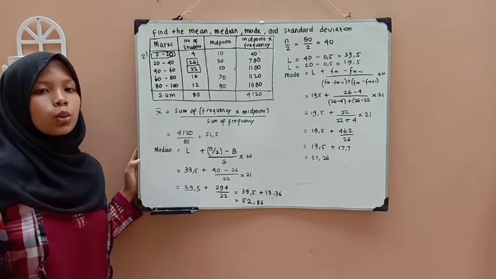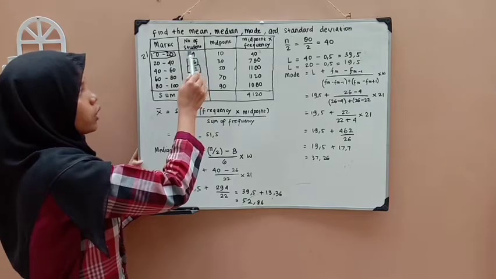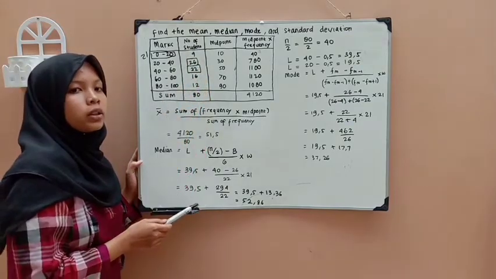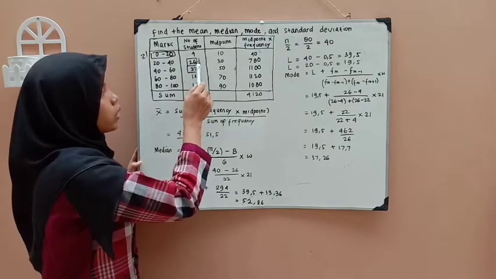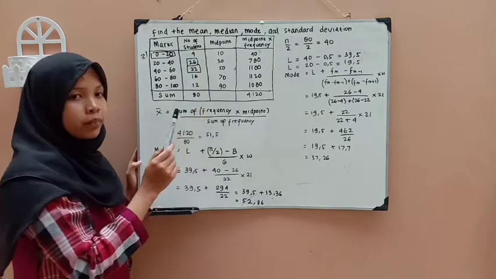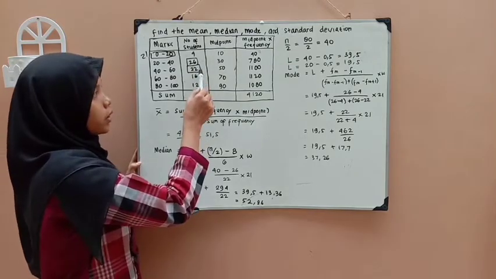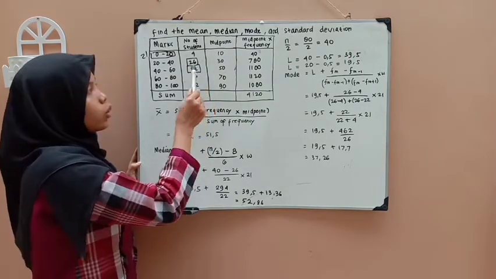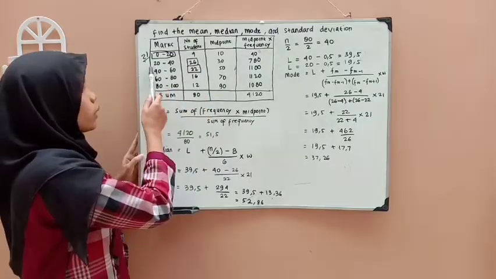The frequency before the modal group is 4. The frequency of the modal group is 26. The frequency of the group after the modal group is 22, and the group width is 21.